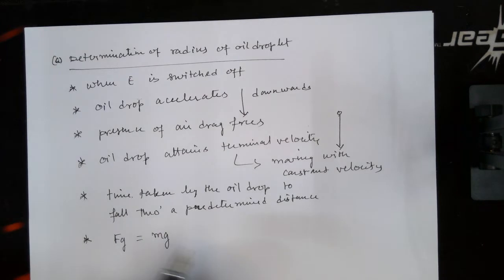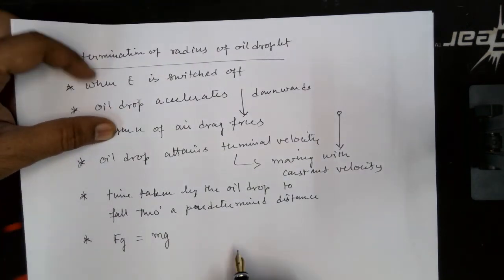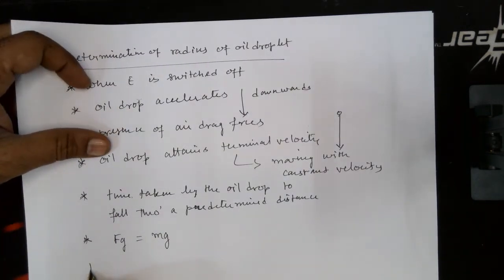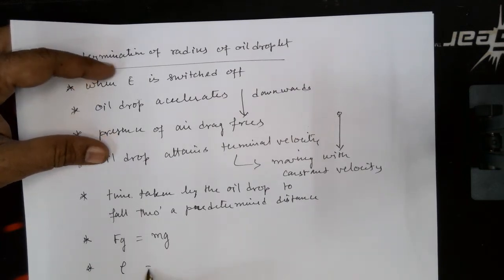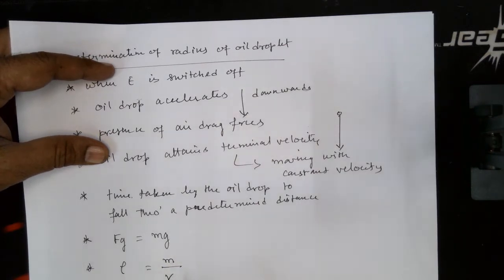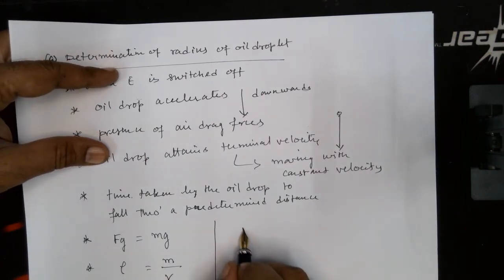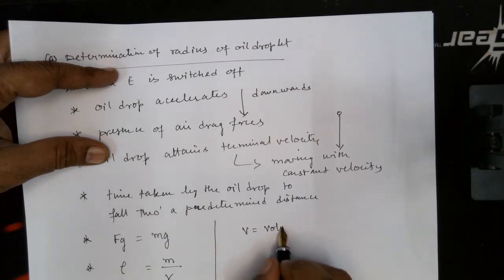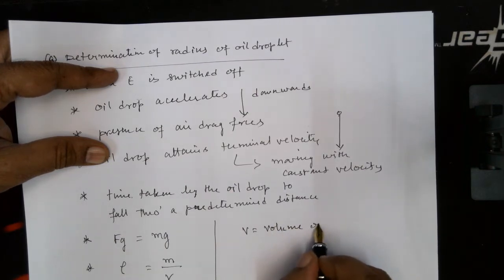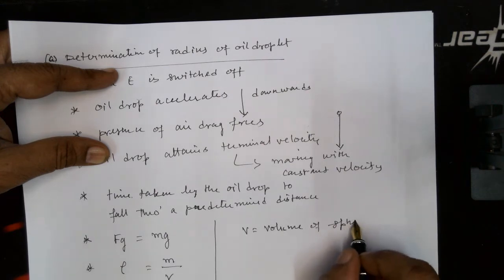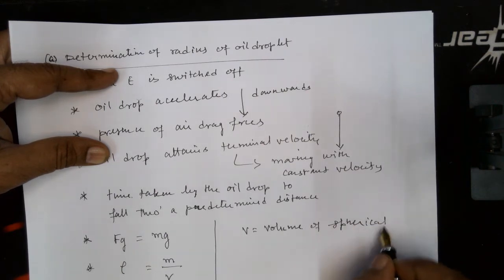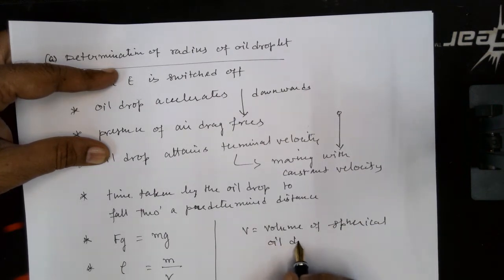We know rho, the density of oil, is nothing but the ratio of the mass of oil divided by the volume of the oil droplet, V, the volume of the spherical oil droplet.